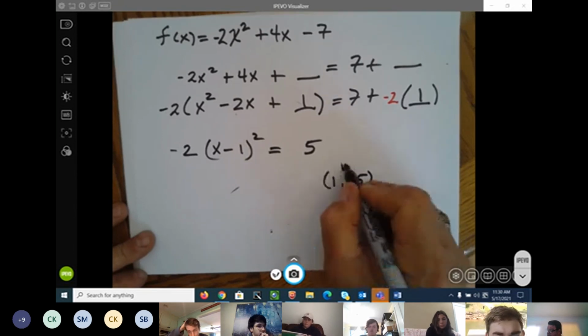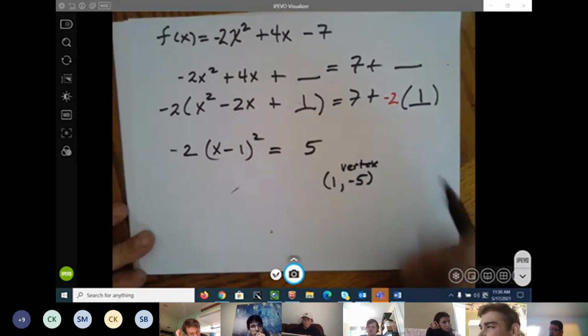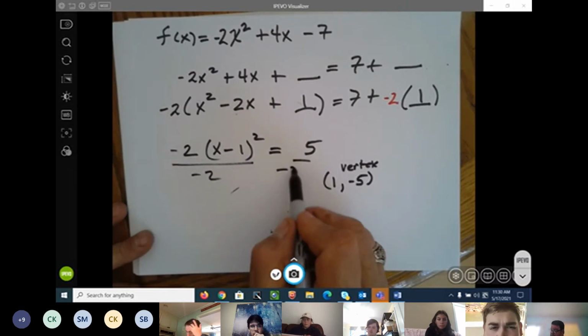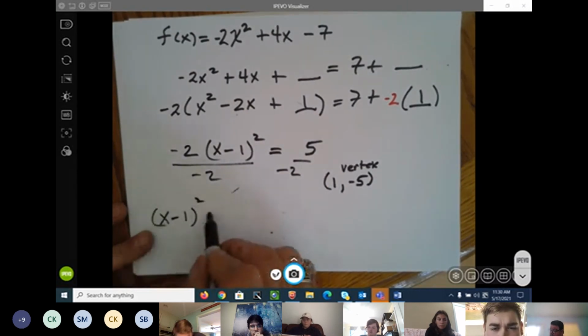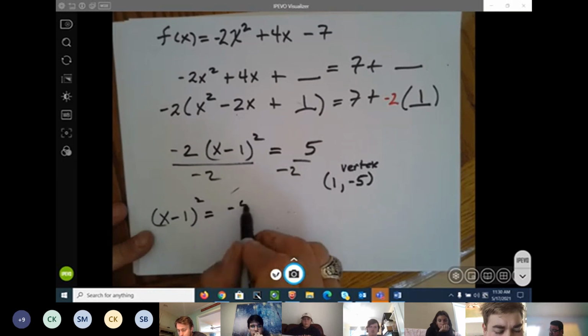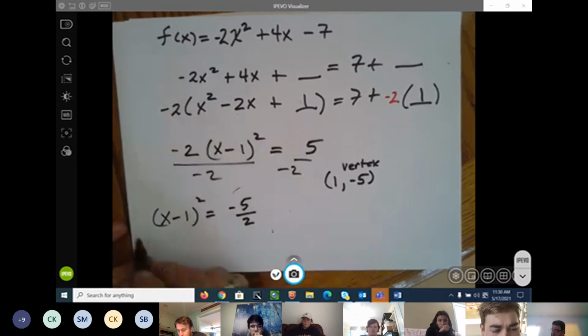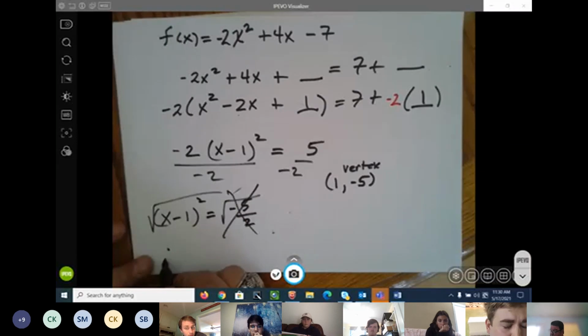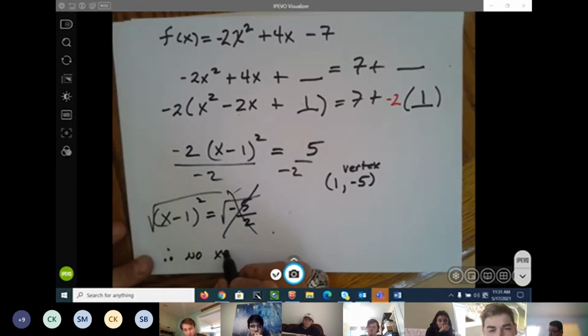That's our vertex. Divide by negative 2. X minus 1 quantity squared is equal to negative 5 halves. You can't take the square root of a negative. Therefore, no x-intercepts. I can't spell intercepts.